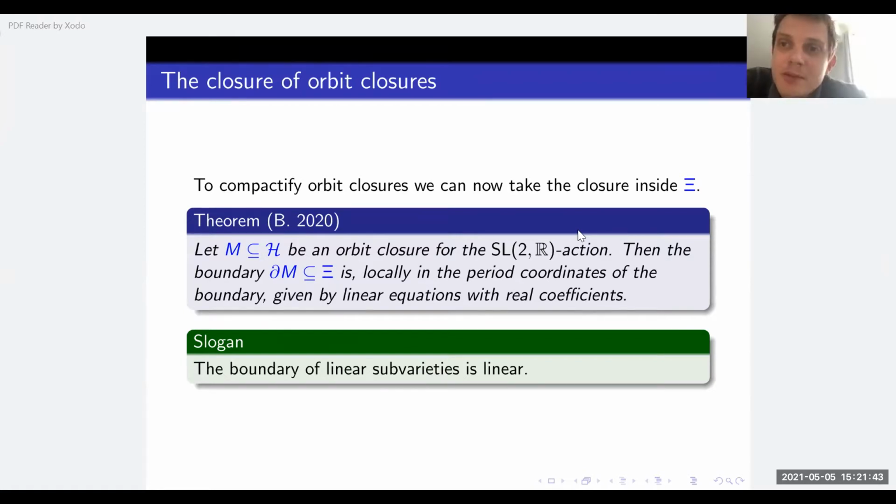Can you think of this compactification in terms of polygons somehow, like degenerate polygons or something? Yes, you can. Even if you start with a holomorphic one-form, in the boundary your differentials might acquire poles. If you have a differential with poles, then you cannot represent this anymore as a compact polygon, but there's still a way of representing this as some kind of infinite surface. The easiest example, if you want to draw a picture: take on the sphere a differential with one double pole.